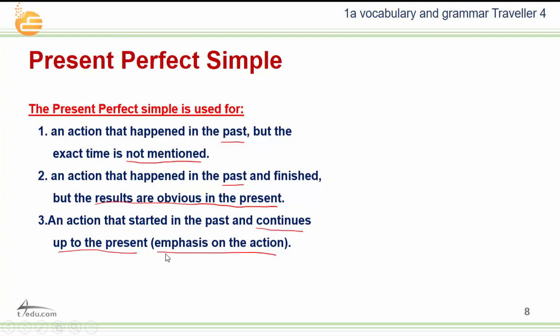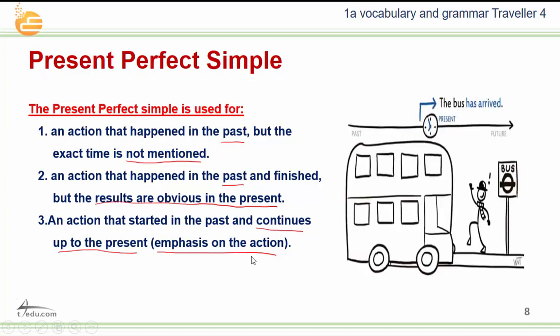But if the emphasis is on the action, we just use present perfect simple. If the emphasis is on duration, we can use present perfect continuous. Here, the bus has arrived. Look, the emphasis is on the action, arrived. So we used present perfect simple.